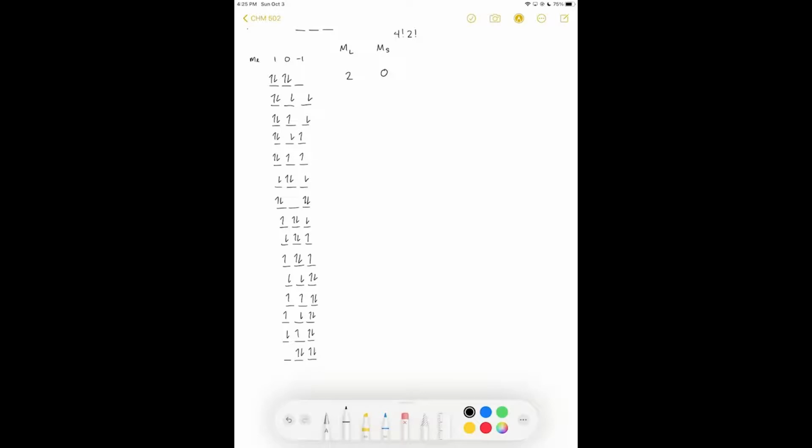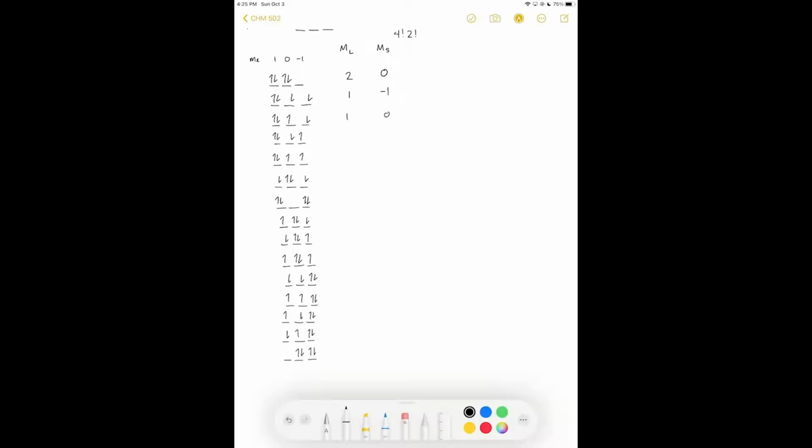We can go through and assign the rest of these energy levels here. So I'll do that. You can do it along with me. You can pause and do it yourself and then check your work. But we simply have, I'll do them one at a time. So for the second one, we have 1 and -1.